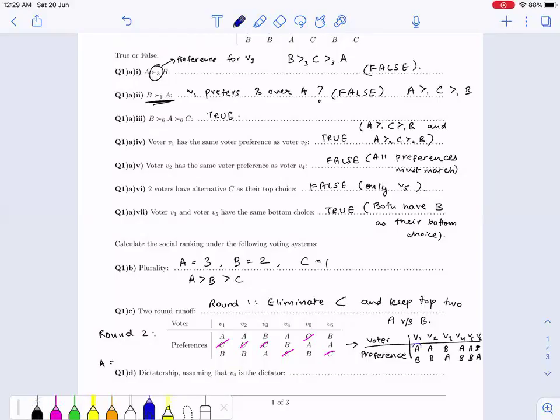For A, you have voter 1, voter 2, voter 4, and voter 5. So 4 people have A as their top choice, and only 2 voters, voter 3 and 6, have B as their top choice.